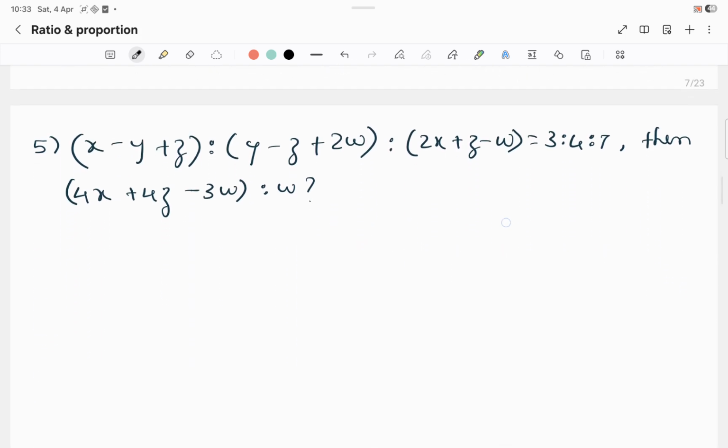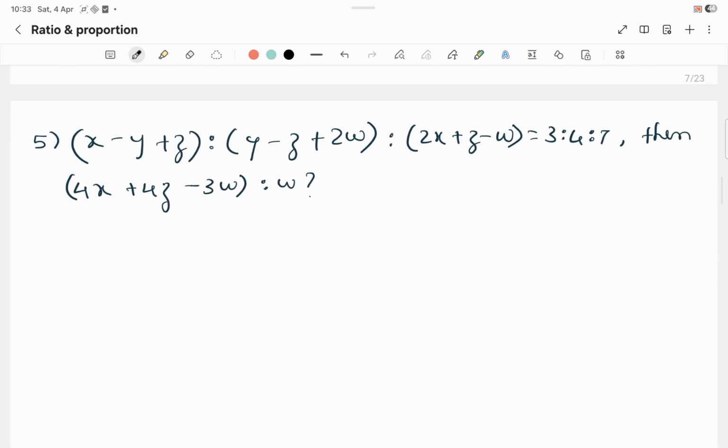Okay. Then x minus y plus z is to y minus z plus 2w is to 2x plus z minus w, ratio is given 3 is to 4 is to 7. Okay, how to solve this kind of question?